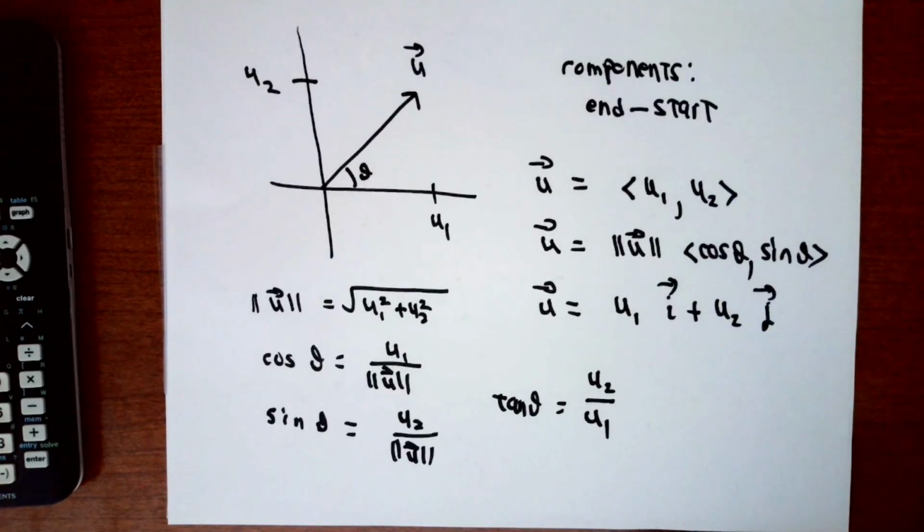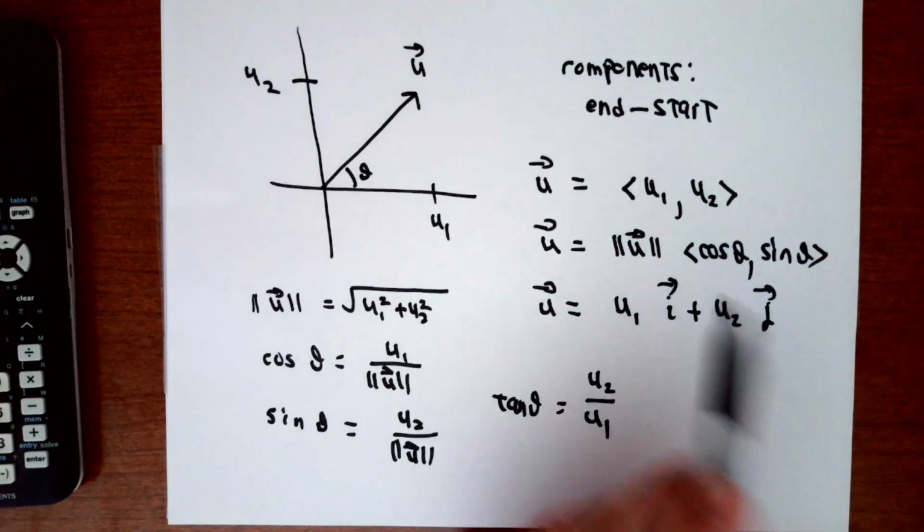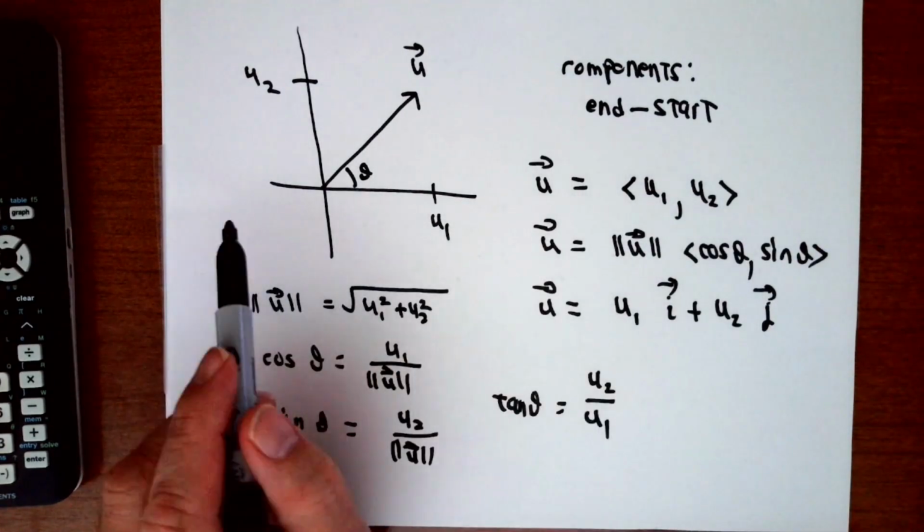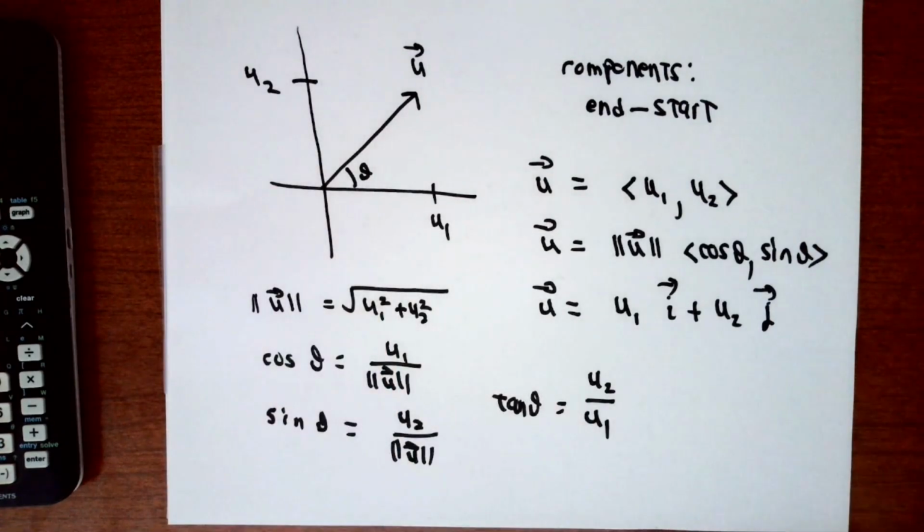So to summarize, vectors are arrows. We get components by looking at the coordinates of the terminal point minus the coordinates of the initial point. Those numbers will be represented with indexes 1 or 2, depending on if I'm on the x-axis or y-axis. There's another way to write that.